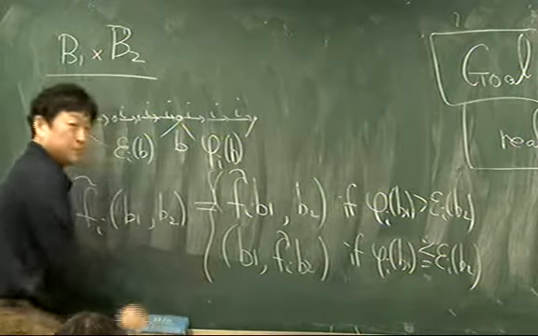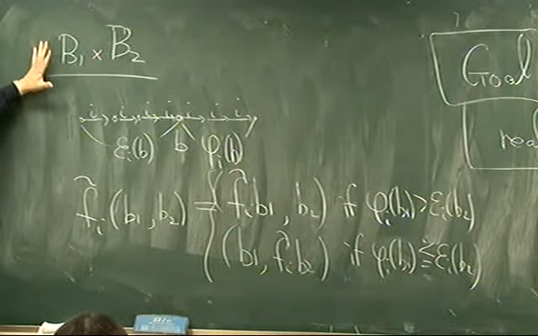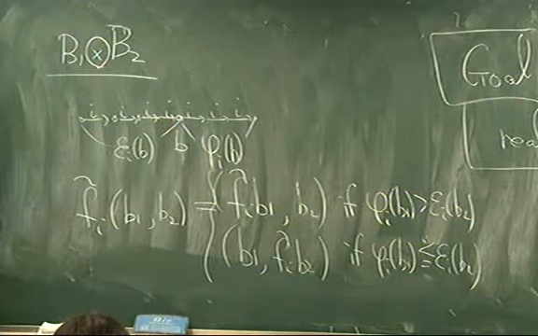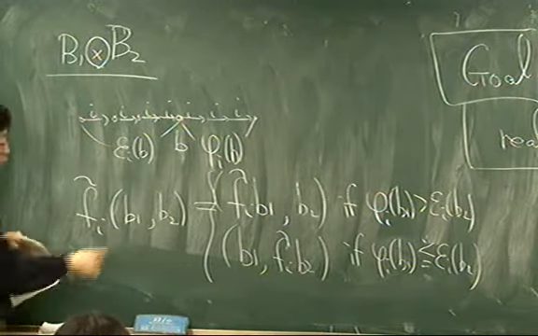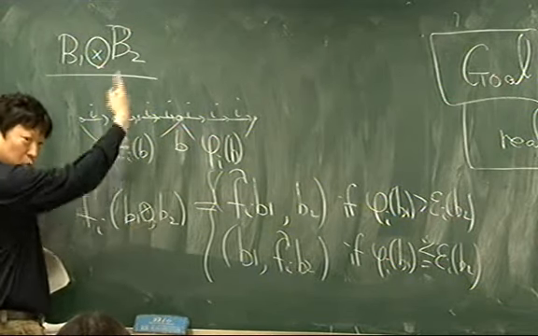Here, B1 cross B2 with this graph structure will be denoted by B1 tensor B2. I will use b1 tensor b2 for the elements in B1 tensor B2.